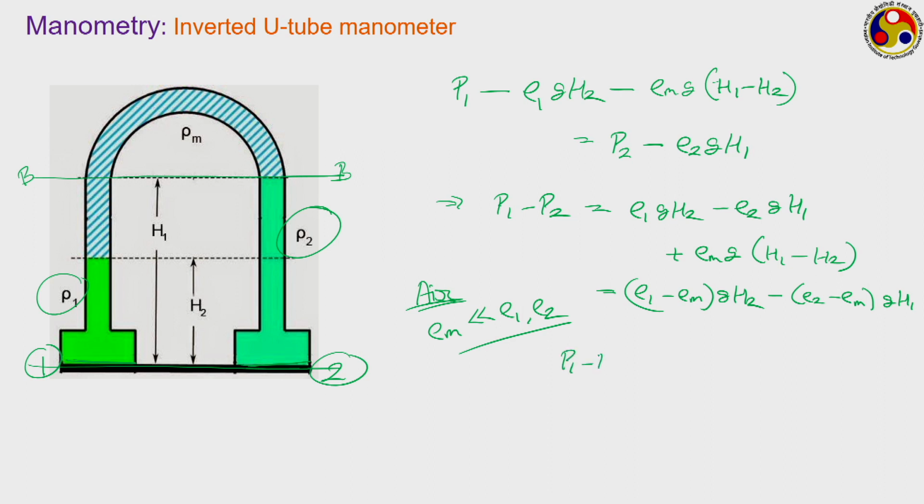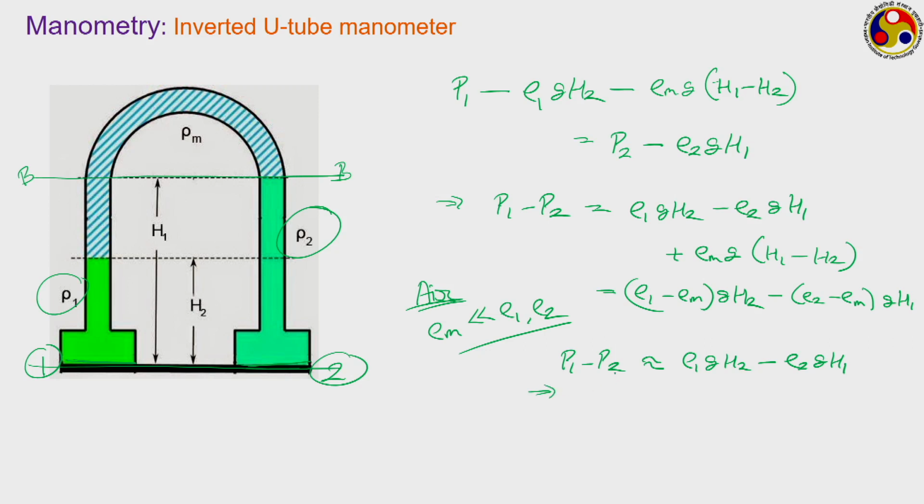In that case, P1 minus P2 will be just rho 1 g H2 minus rho 2 g H1, and you can go for the subsequent calculation of the pressure difference in terms of whatever fluid you choose.